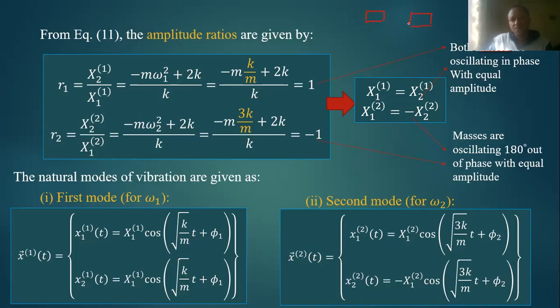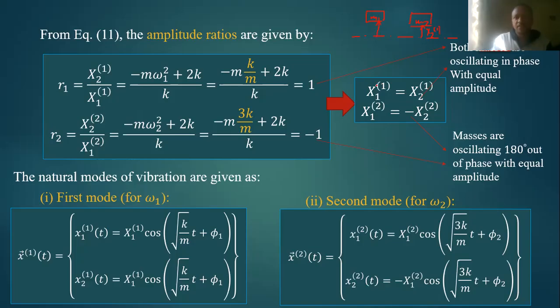For example, if I consider this as an equilibrium position, and these are mass 1 and mass 2, as this moves some amplitude x1(1), then this also moves the same, x2(1), which is equal to x1(1).